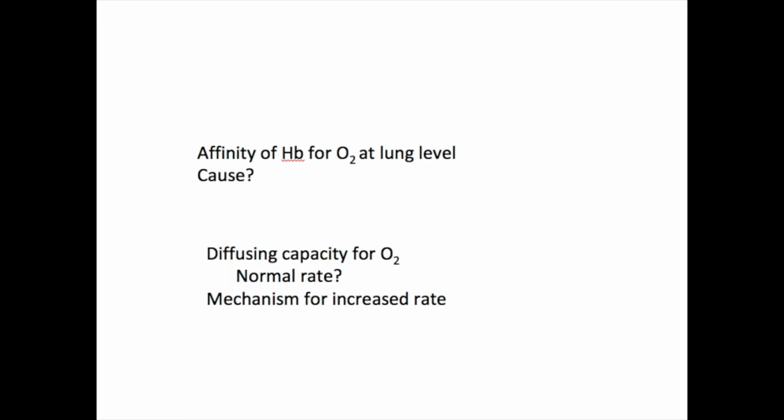Now the factors which cause this increased capacity are several, like increased blood volume in pulmonary capillaries, increased pulmonary arterial pressure, increased opening of pulmonary capillaries, and also the increased surface area of pulmonary capillaries due to increased lung expansion.